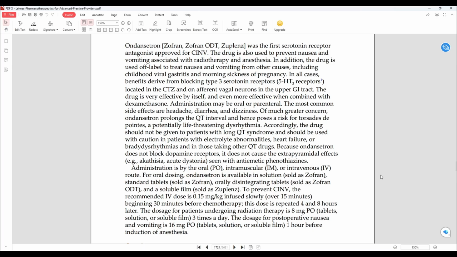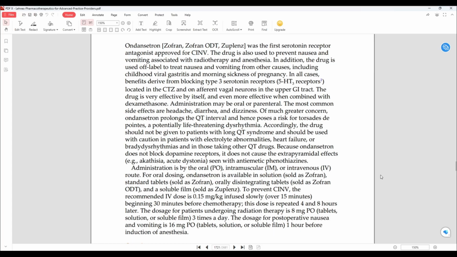In all cases, benefits derive from blocking type 3 serotonin receptors, the 5-HT3 receptors, located in the CTZ and on afferent vagal neurons in the upper GI tract. The drug is very effective by itself and even more effective when combined with dexamethasone. Administration may be oral or parenteral.